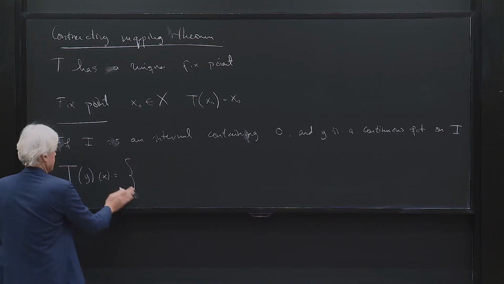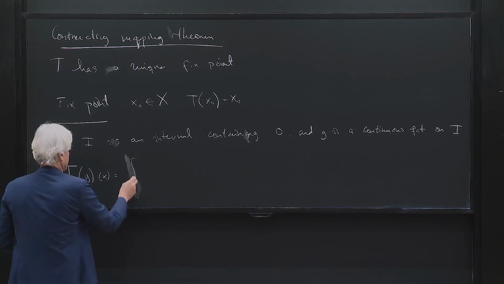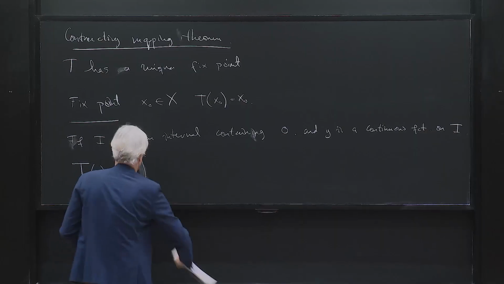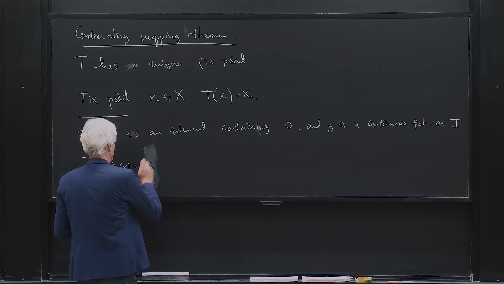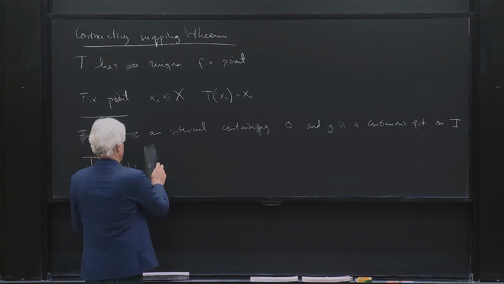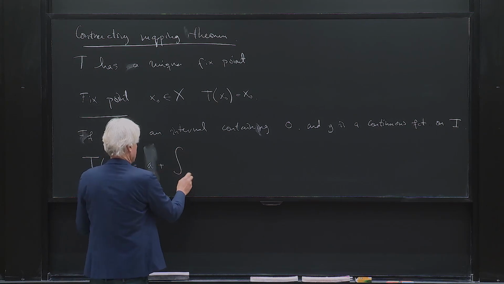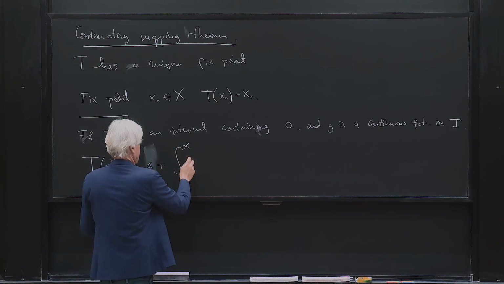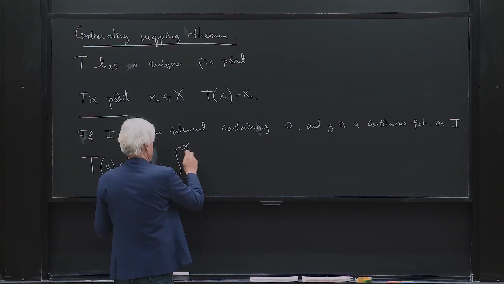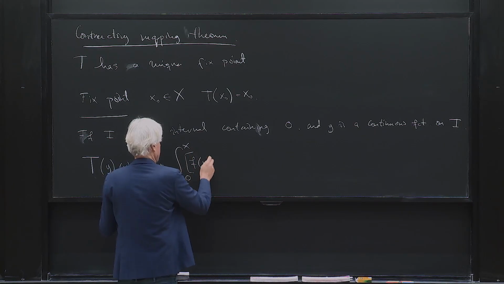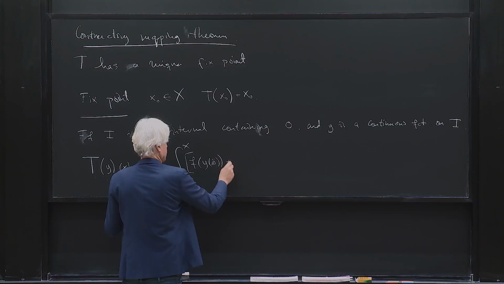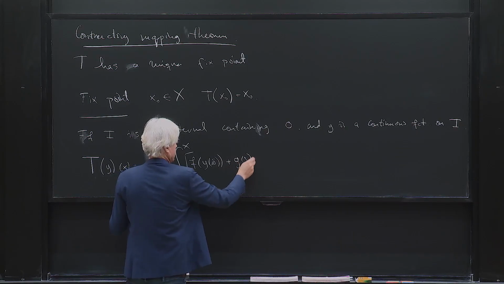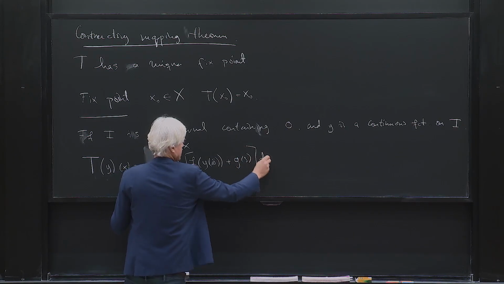In x, this thing here is a, because we want it to have value a at 0, and then we're integrating from 0 to x of f of y of s plus g of s ds.